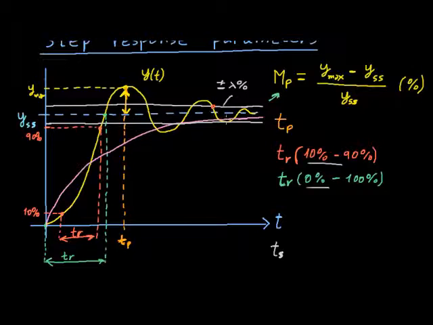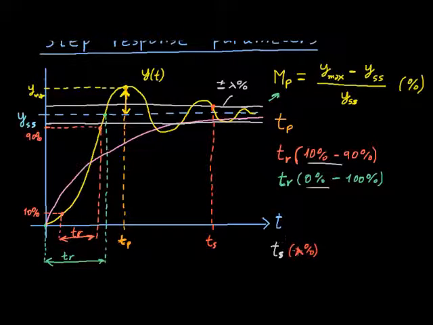As you see, the rest of the response remains within the bands. So this time here would be the settling time, T_S. Now this is the settling time at lambda percent.